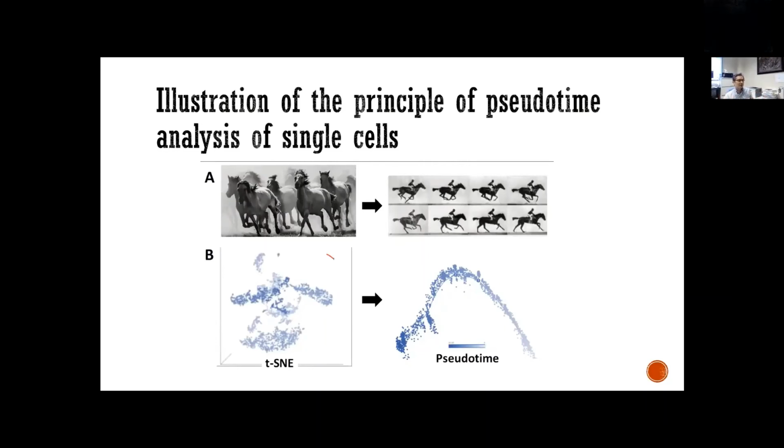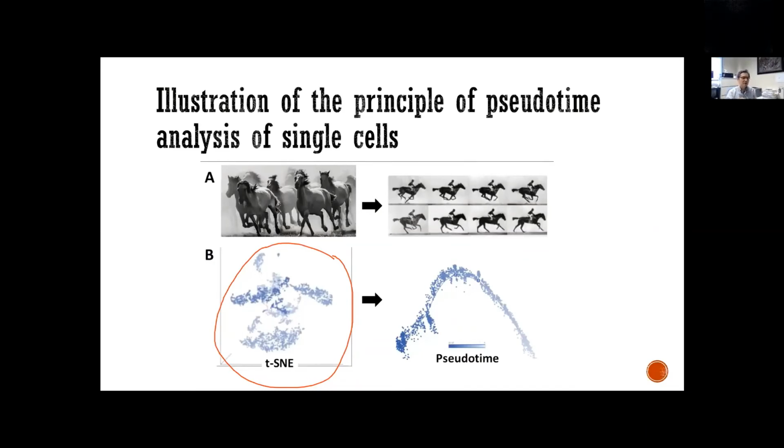Similarly, for this group of cells, we cannot monitor each individual cell across time because the sample has been destroyed. You only have a snapshot of the current state of the population of cells.